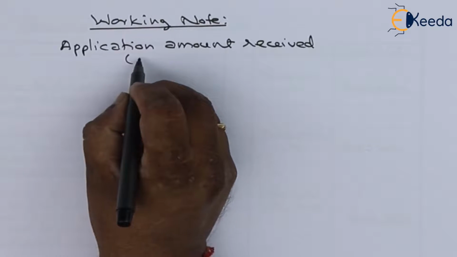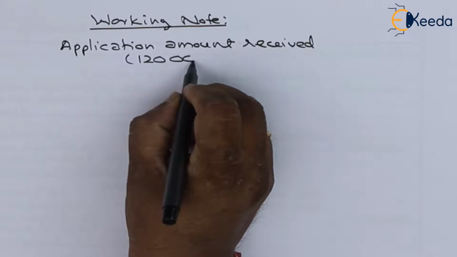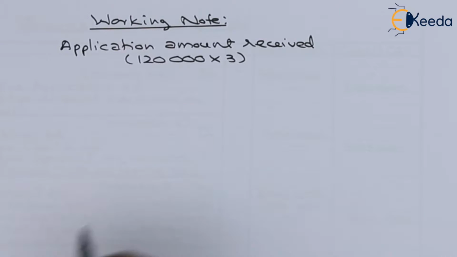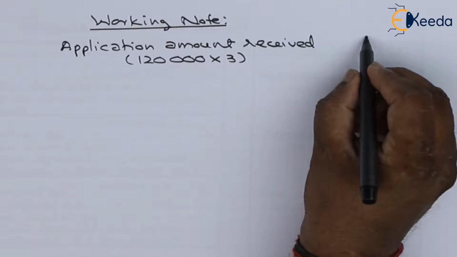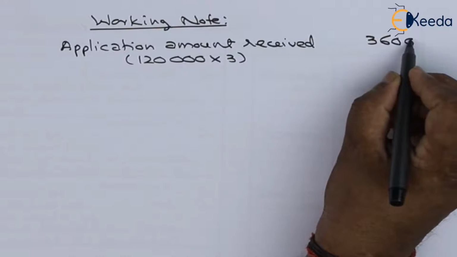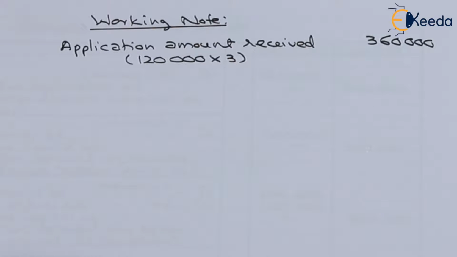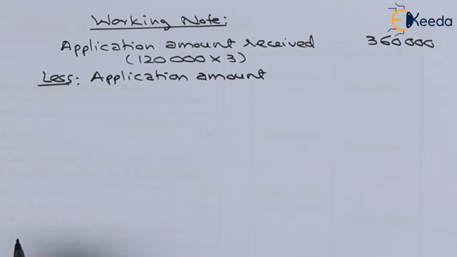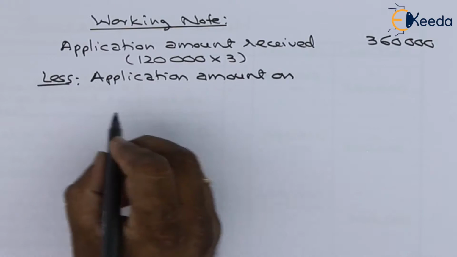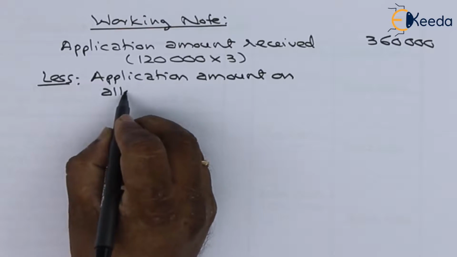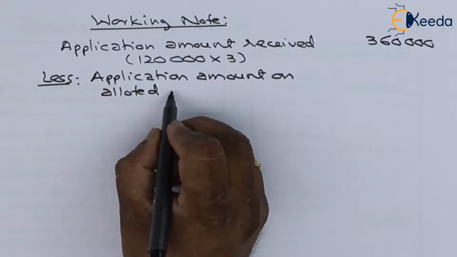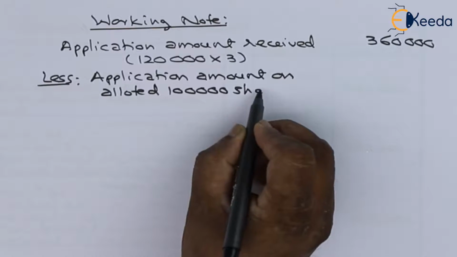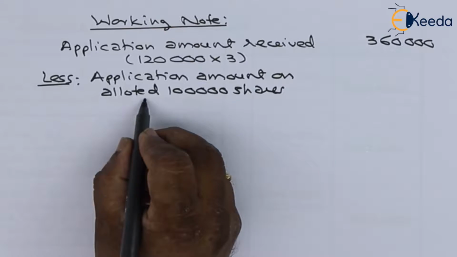Application amount received on 1,20,000 shares, per share 3 rupees, 3,60,000, less application amount on allotted 1 lakh shares.